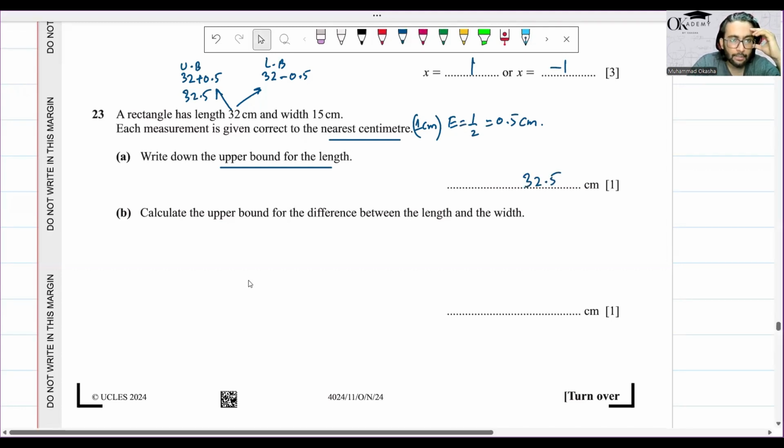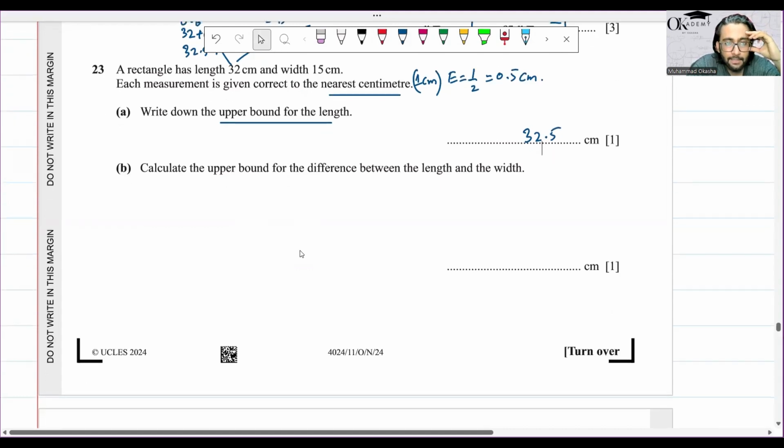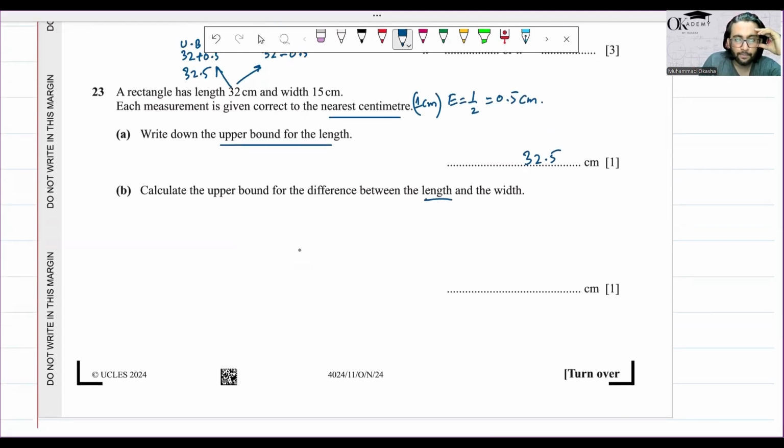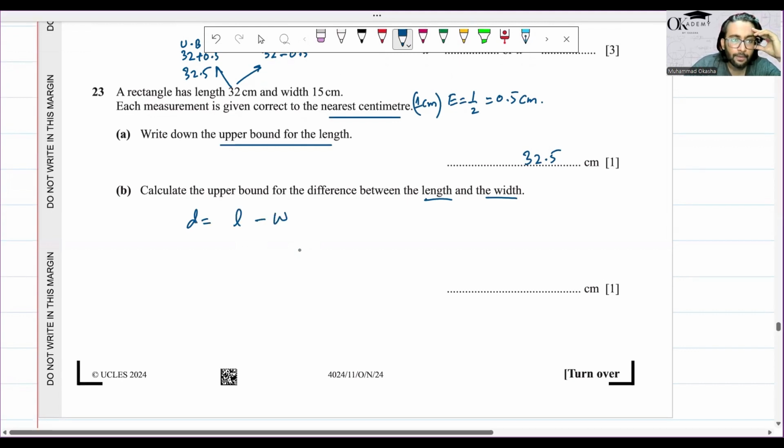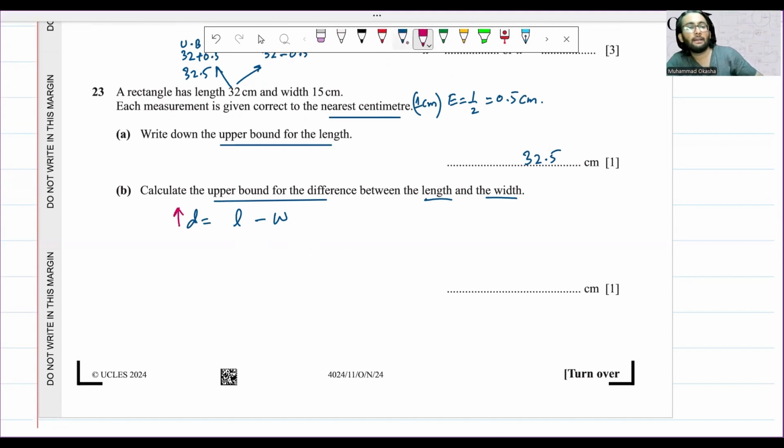Calculate the upper bound for the difference between the length and width. So difference is equal to length minus width. I need to work out the upper bound of the difference, which means as much value of the difference as possible.